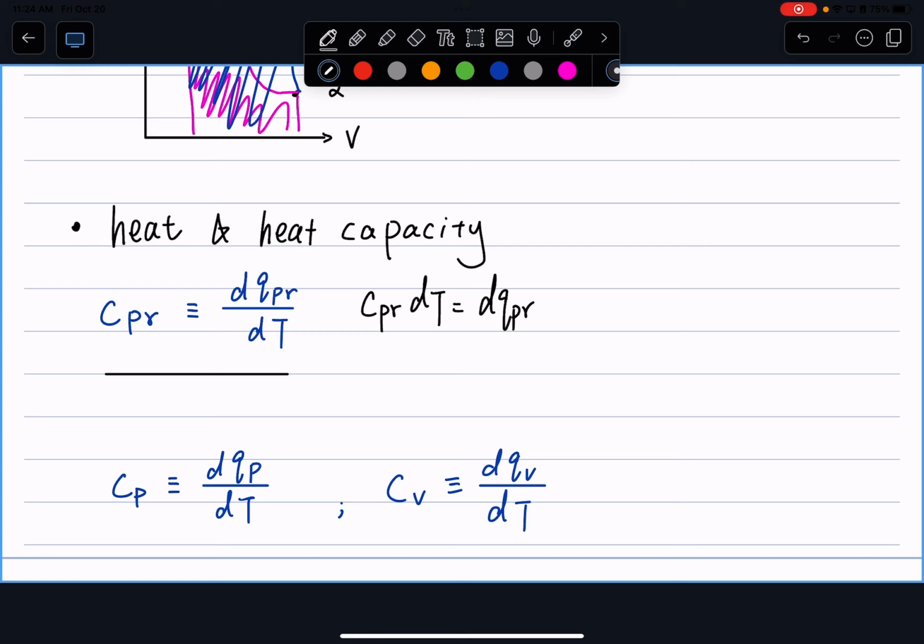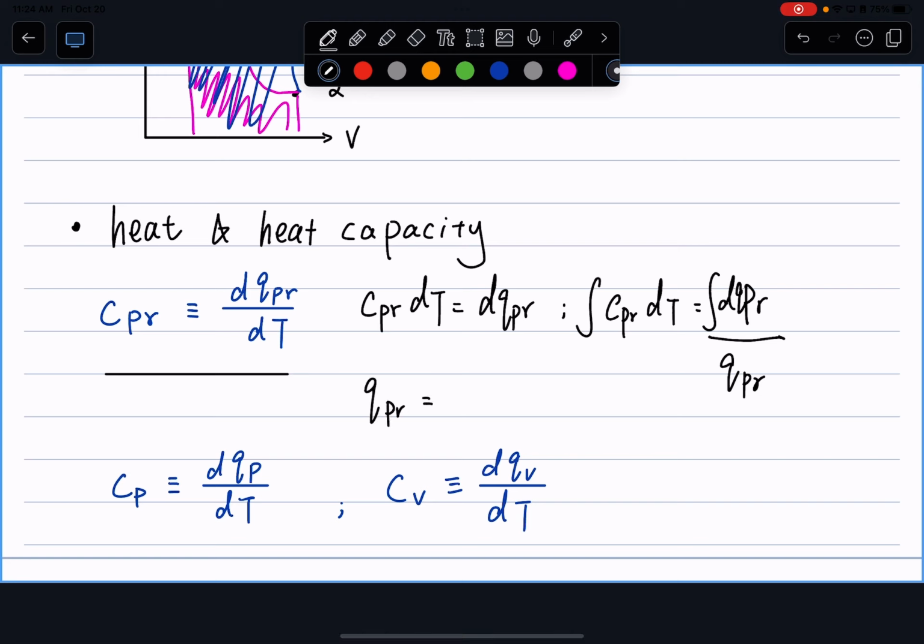And taking the integral on both ends, the integral of dQp just becomes Qp. Or the other way to put it is Qp equals the integral of Cp dT.